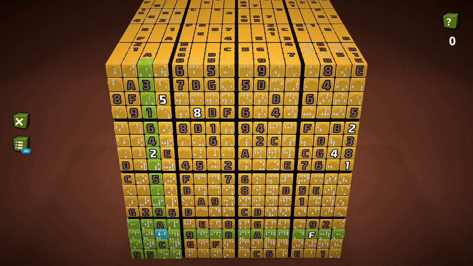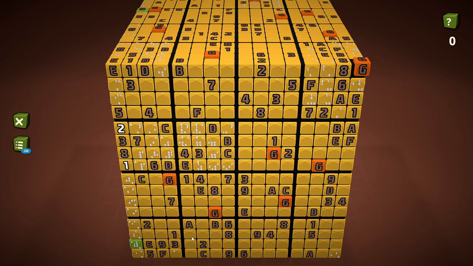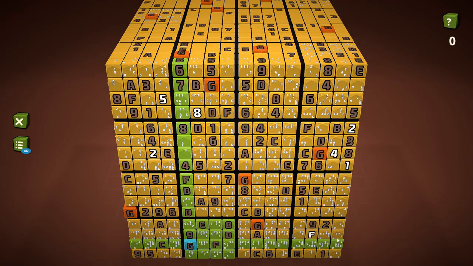No. Right, yeah, because those two are the only G's, so can't be those or those. Could totally be that, though. Can't be the bottom one because that, can't be that because that, can't be those two because of those two, can't be that, can't be that, could totally be that.